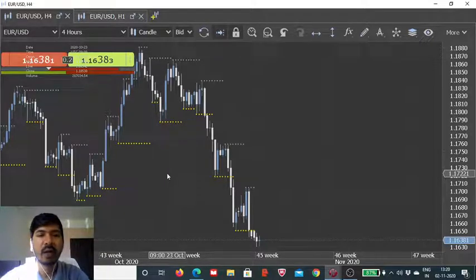So these are fairly useful, and as is the case in most of the indicators, you can use this indicator with other indicators also. You can use these indicators in conjunction with other trend finding indicators.